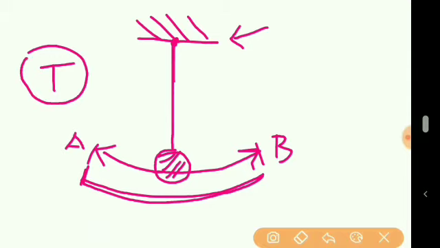So this is like an experiment. Once again, what is periodic time? Periodic time is the time for one complete oscillation.